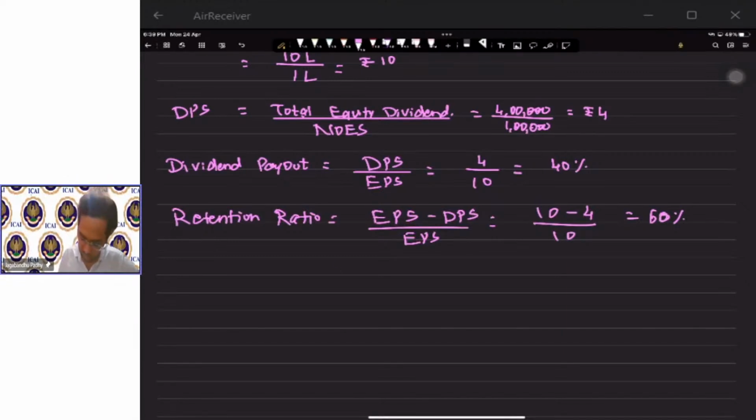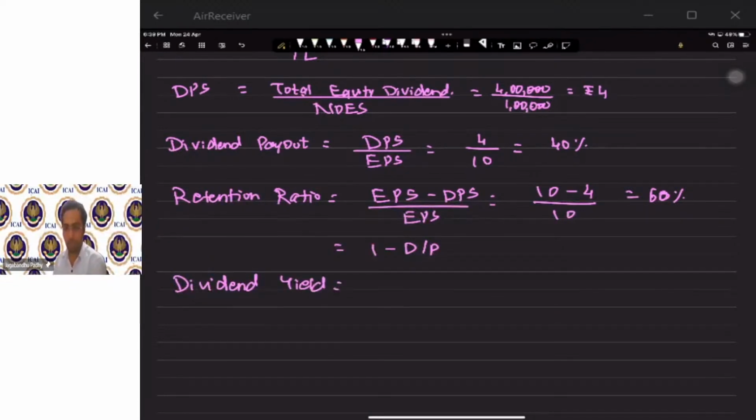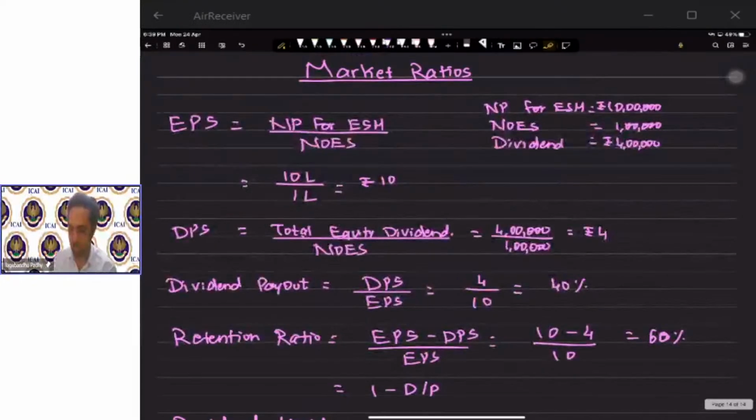You can also say that retention ratio is 1 minus dividend payout ratio. So that's your retention ratio. Simple. These ratios are very simple. Yes, Shubham, you're right. You can also take total dividend to total net profit for the dividend payout. That also you can do.